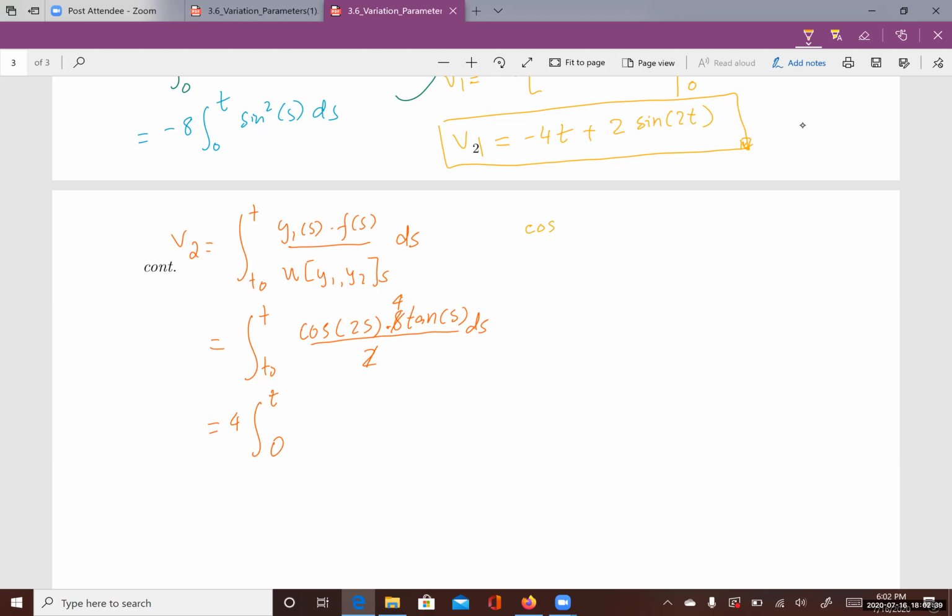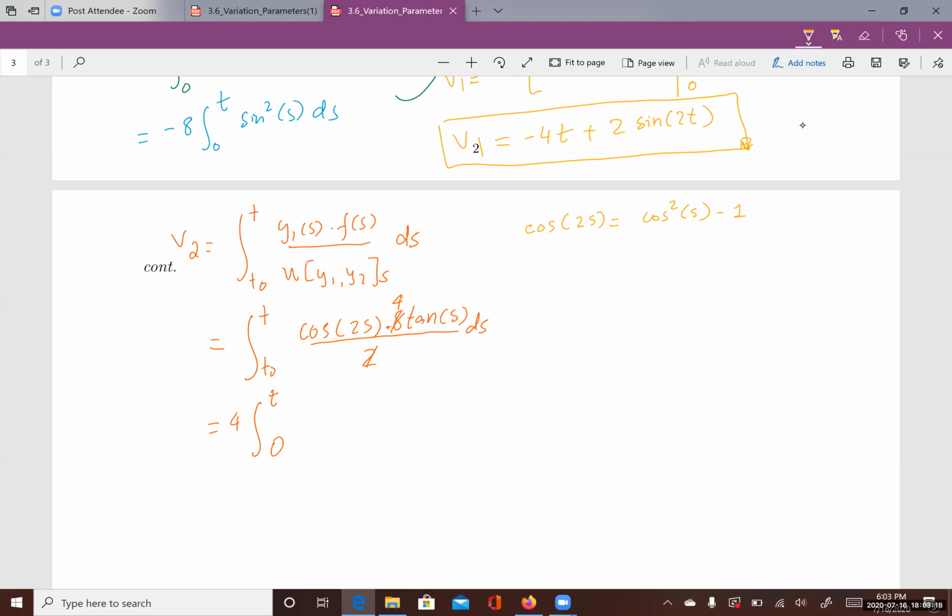I have another identity to say cosine of 2s equals cosine squared of s minus 1.